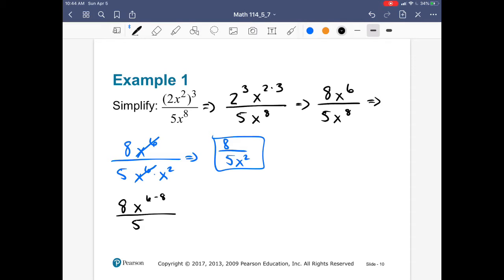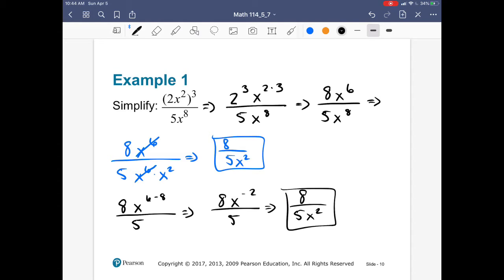We can go back. So here we have 8. We're sending it to the top, so this becomes x to the minus 8, which becomes 8 times x to the negative 2 over 5. We don't like that negative 2, so we're going to send it to the bottom.